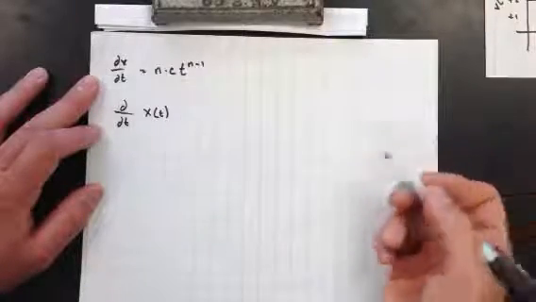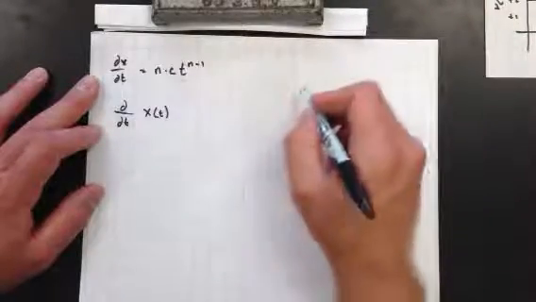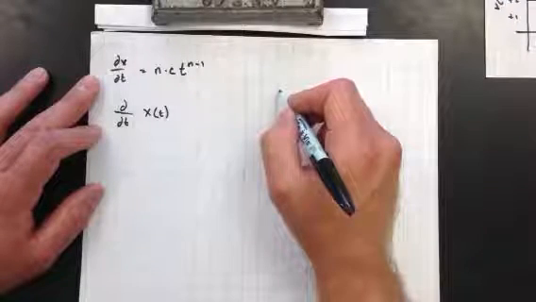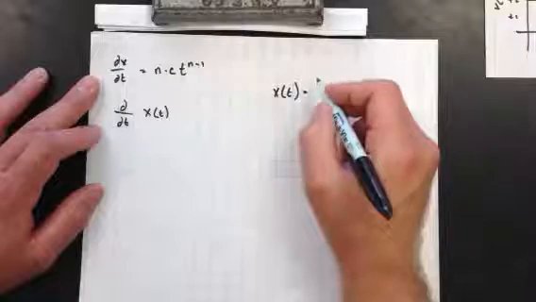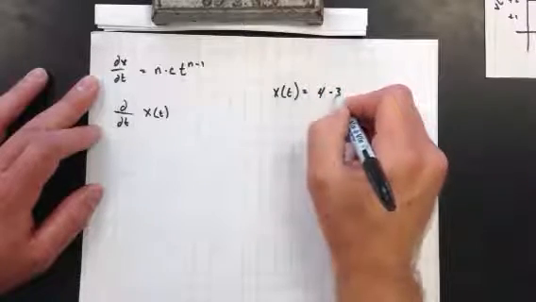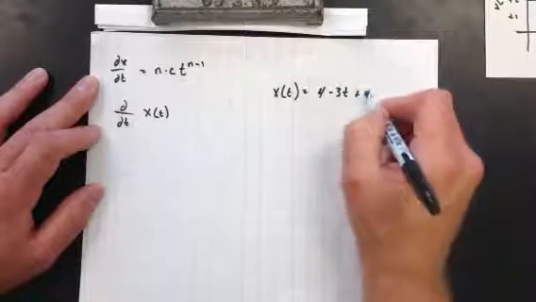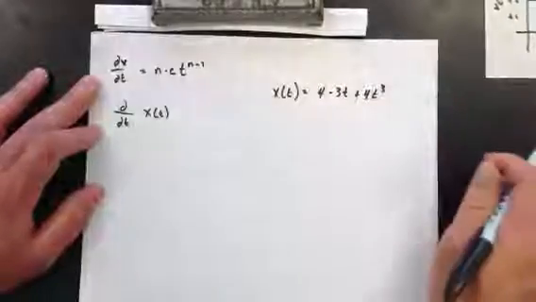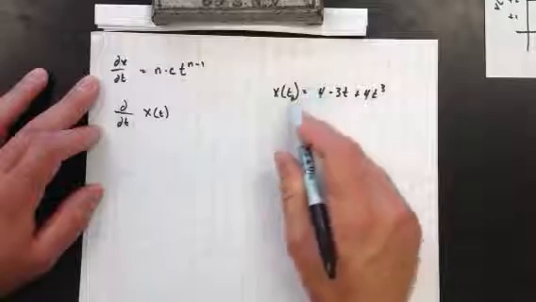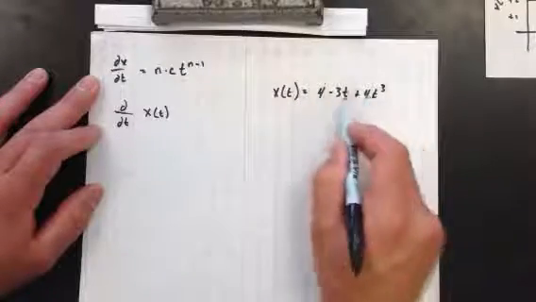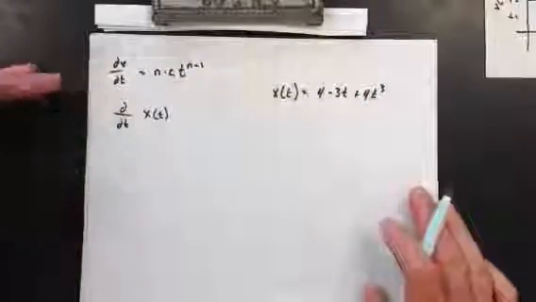So if I give you a function of x with respect to t, let me make one up here. I'll have x of t is equal to 4 minus 3t plus 4t cubed. If I plug any t into this equation, it'll tell me where that particle is.